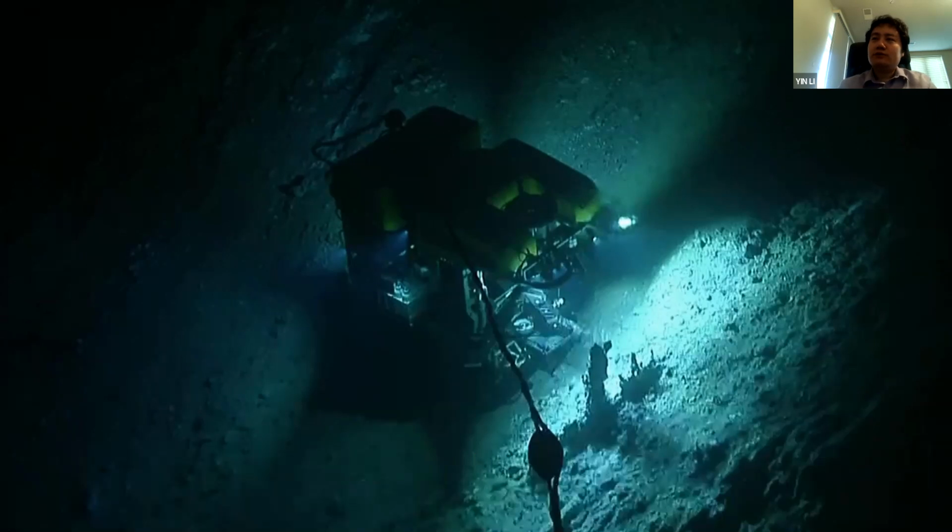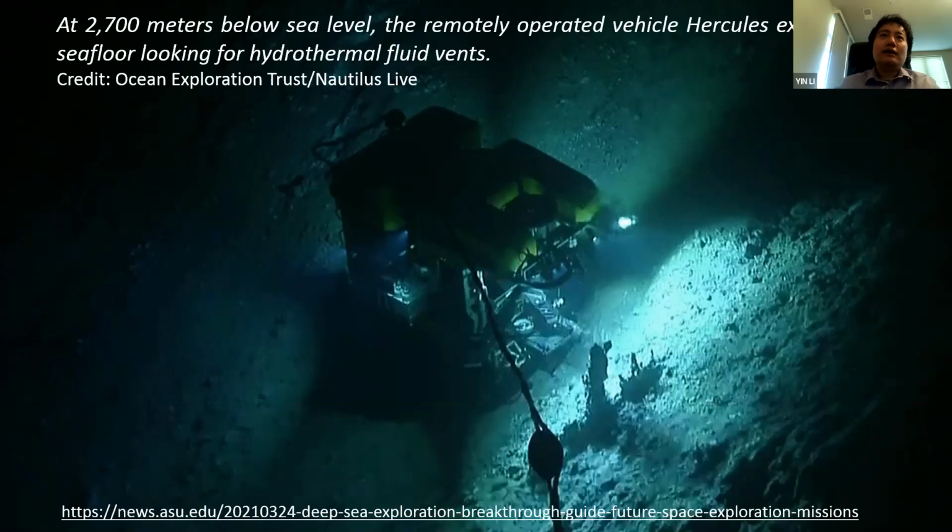For those of you who have seen the recent news from Arizona State University, here is the caption of this image. It turns out this is about 3,000 meters under the sea level, and this remotely operated vehicle called Hercules is exploring the seafloor and looking for something called hydrothermal fluid vents.